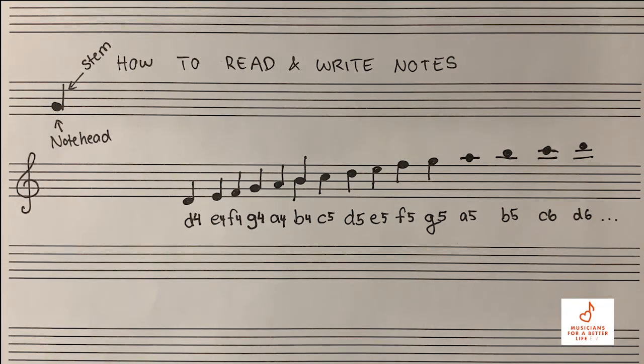And now we can also see that the numbering of the notes always starts on the note C. Here we have the C5, followed by the notes D5, E5, F5, G5, A5, and B5. And now we arrive at the next C, giving it the next number 6.